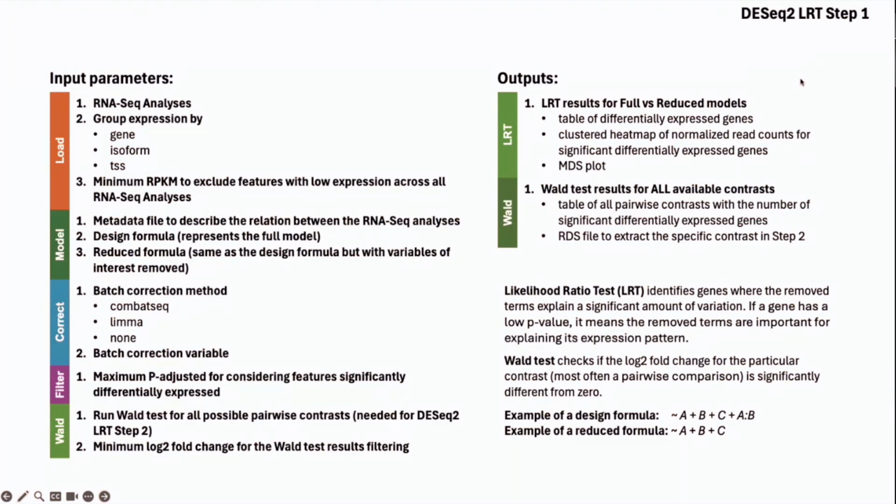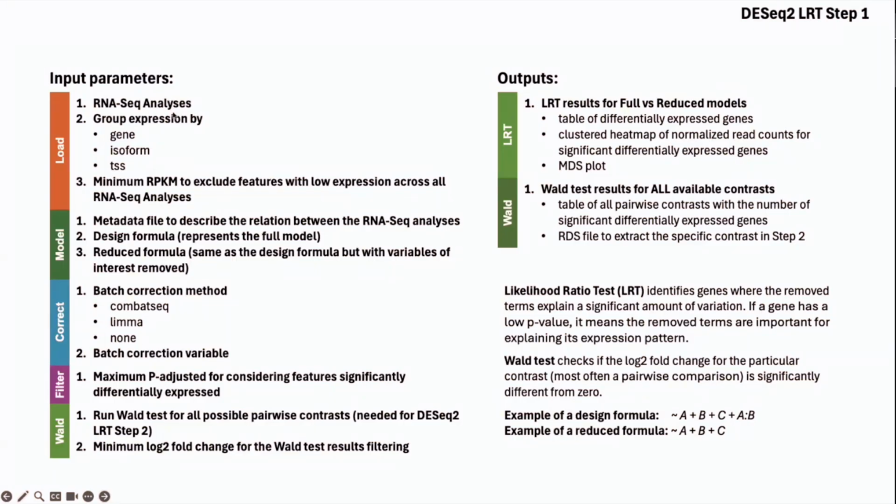It also provides a table of all of the pairwise contrasts that we can automatically generate based on the metadata. I will go over all of the inputs and explain how each of them is used in our pipeline. The first input is an array of the RNA-Seq analyses that we ran on SciDAP.